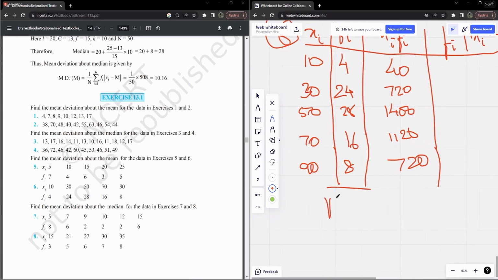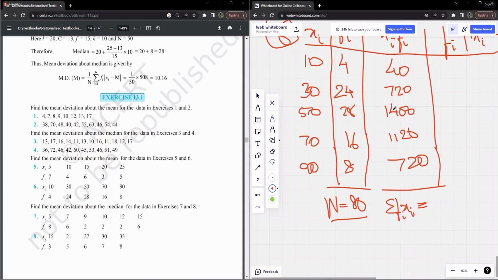So the sum of fi is going to give me capital N. That is, if I'm not wrong, 4 plus 24 is 28. 28 plus 28 is 56. 56 and this 24, that is going to give me 80. And this is sigma fi xi, which is going to be equal to 720 twice, that's 1440.